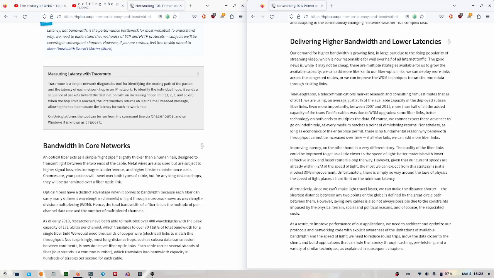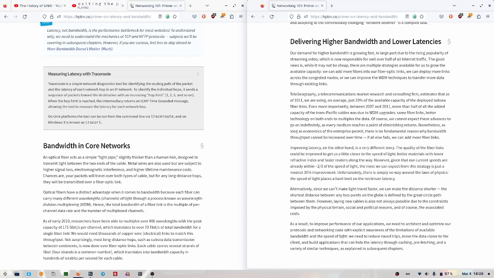Same fiber links, better technology on both ends to multiplex the data. Of course, we cannot expect these advances to go on indefinitely, as every medium reaches a point of diminishing returns. Nonetheless, as long as economics of the enterprise permit, there is no fundamental reason why bandwidth throughput cannot be increased over time. If all else fails, we can add more fiber links.